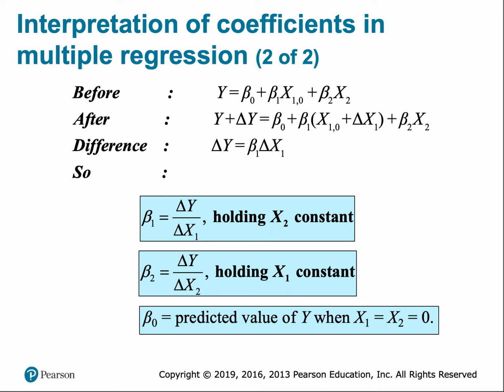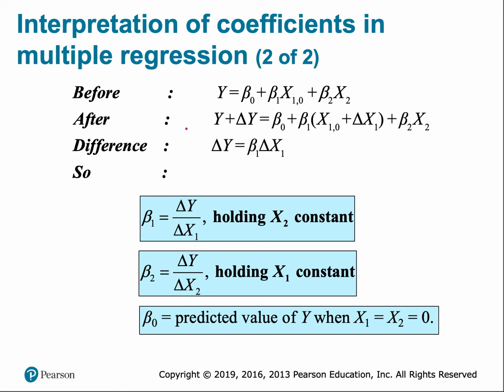So before, we had y is equal to beta naught plus beta 1 times x1,0 plus beta 2 times x2. And after, we had y plus delta y is equal to beta naught plus beta 1 times, in parentheses, the initial value of x1 plus the change in x1, close parentheses, plus beta 2 times x2. x2 is being held constant.